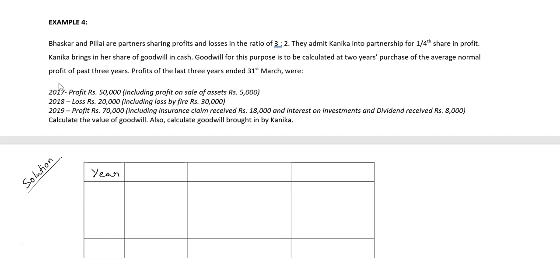So we'll make a table like this. The first column for the year, the second column for the profit or loss, the third column for the adjustments that have to be made, and the last column for the adjusted profit.